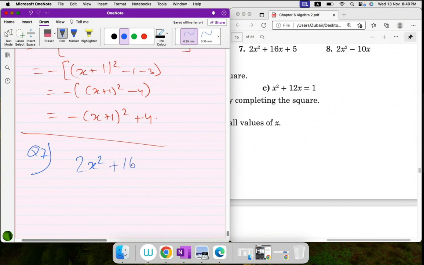2x square plus 16x plus 5. Try this. Don't forget to take the 2 as common.